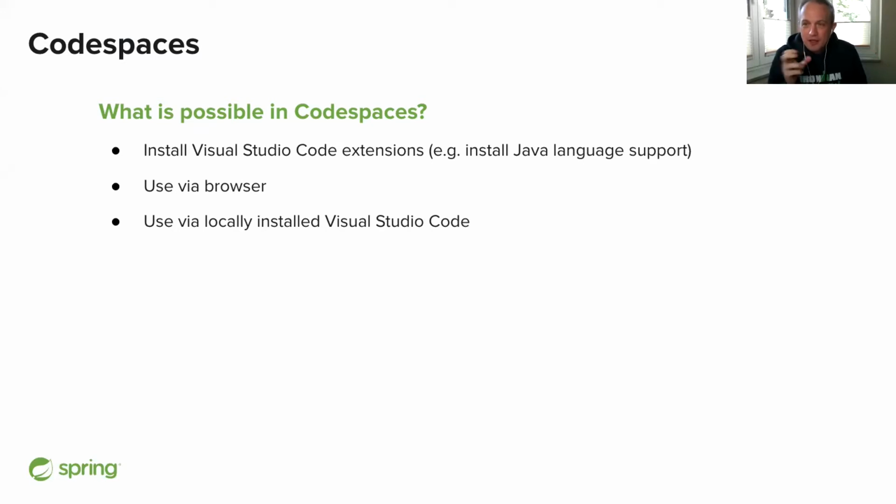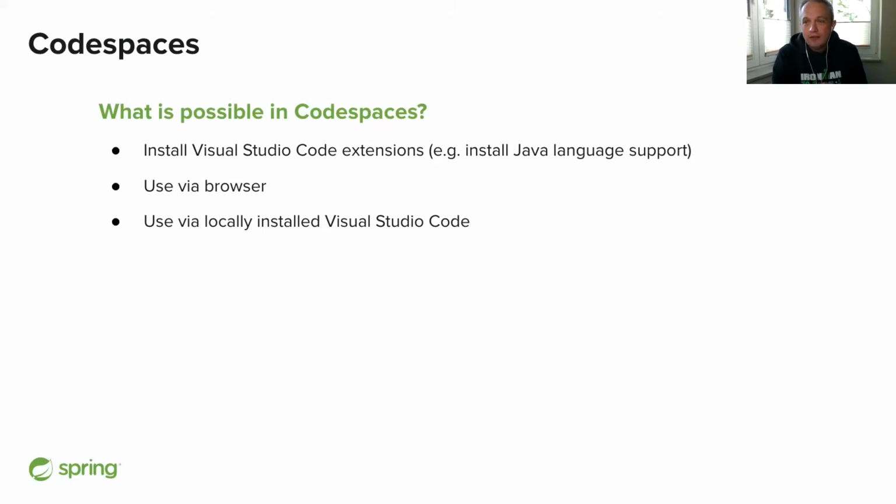But the cool part is that if you have this Codespace running in the cloud that you can access with a browser interface that looks like Visual Studio Code, you can also use your locally installed Visual Studio Code and connect that to the Codespace in the cloud.